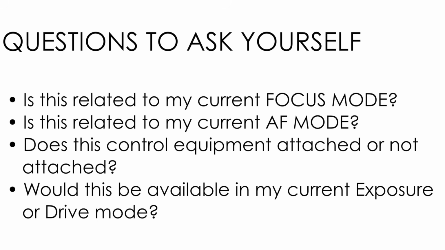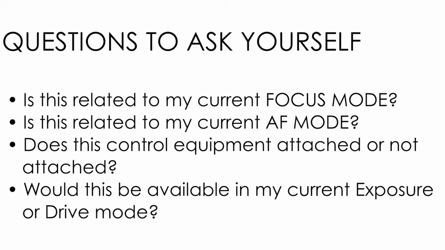And we can do this by understanding the systems a little more, know which subsystems are interconnected to one another. And we can help ourselves out by asking the following questions when we see something grayed out. Is this setting related to my focus mode, manual focus or autofocus? Or is this setting related to my autofocus mode, meaning single point, zone, wide, or tracking?